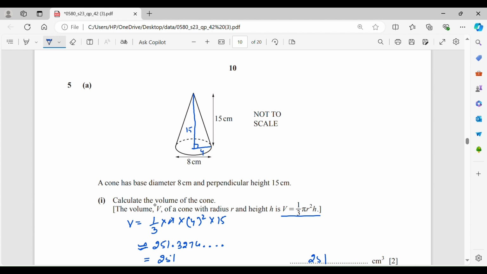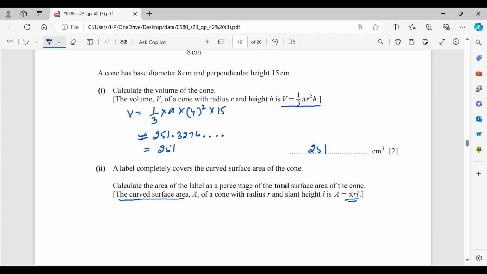So L will be equal to the square root of 15 square plus 4 square. We will use the calculator, which gives L equal to 15.52417. So approximately, in 3SF, L is 15.5, right? So we will take this value.